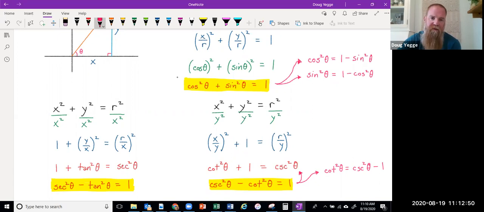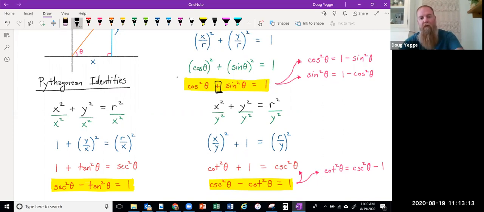So a couple of things to just note for these Pythagorean identities. One thing to note is that the identity involving sine and cosine has a plus sign in between. It's a sum. So cosine squared theta plus sine squared theta is equal to 1. While the other two are still equal to 1, but they have minus signs.